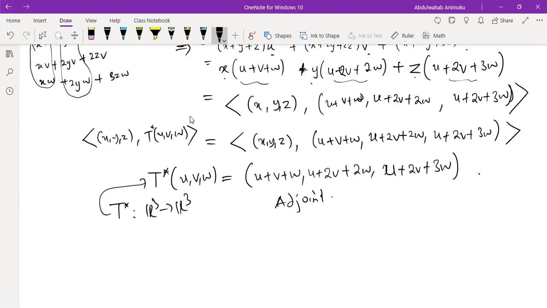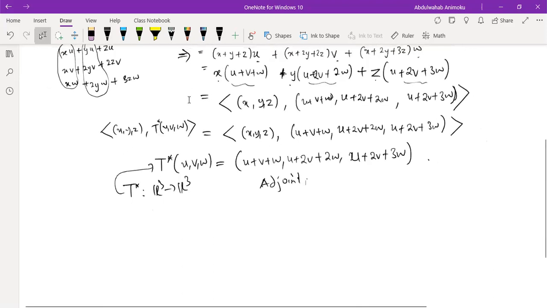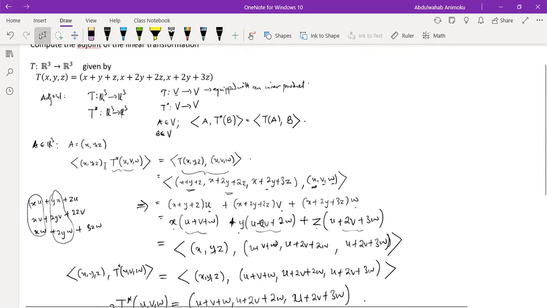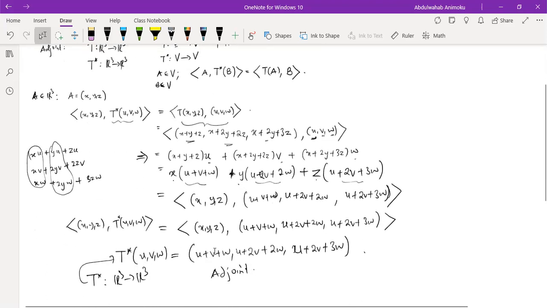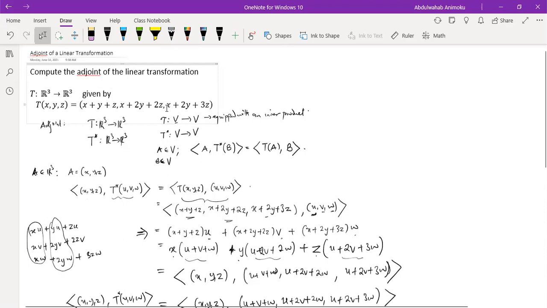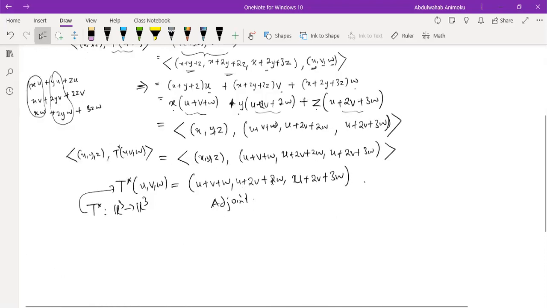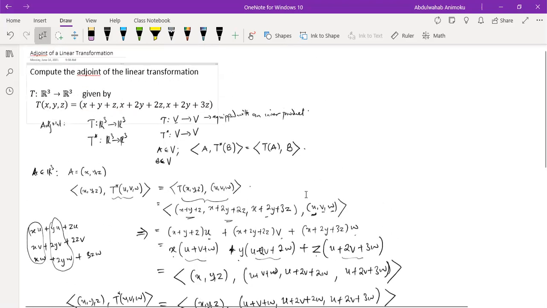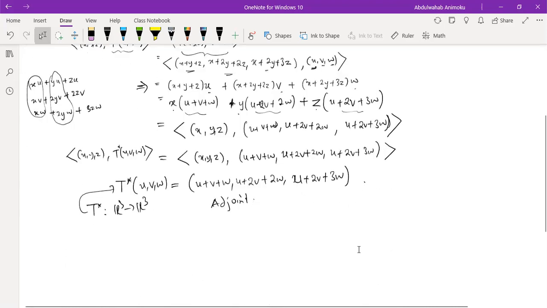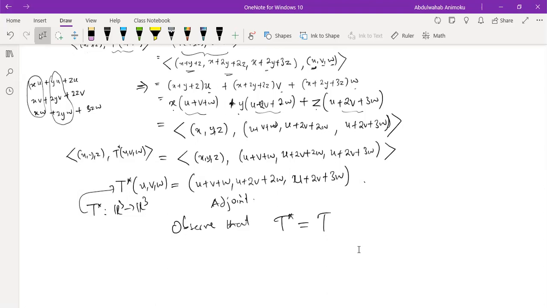Now notice something, that the adjoint transformation is just exactly the same thing as T, right? If you check, x plus y plus z, this is u plus v plus w, x plus 2y plus 2z, the same thing, u plus 2v plus 2w, and so on and so forth, right? So you observe that T star is equal to T. They are the same, it's just the same transformation.